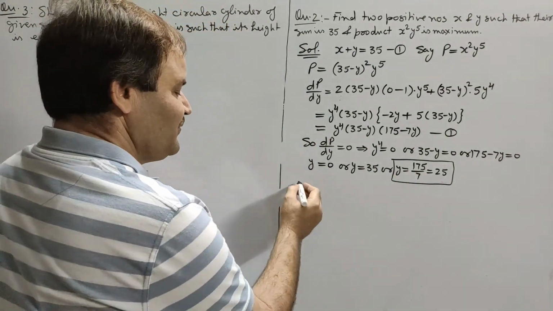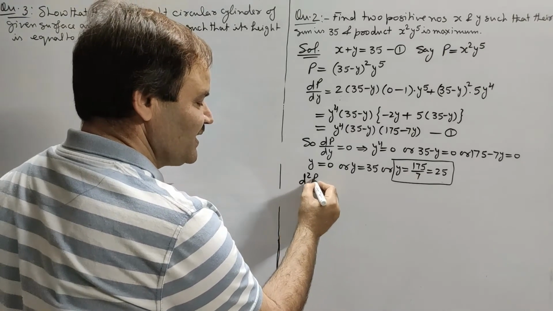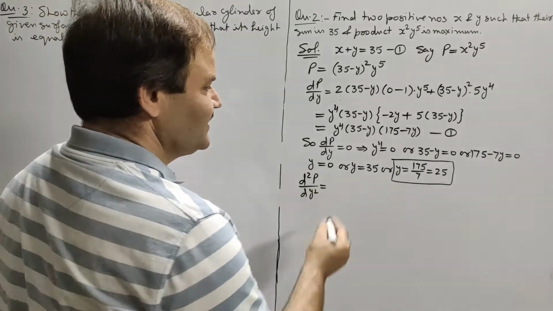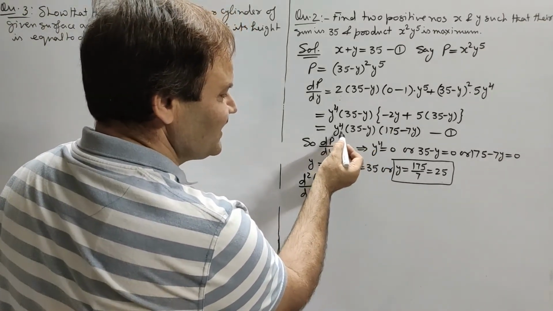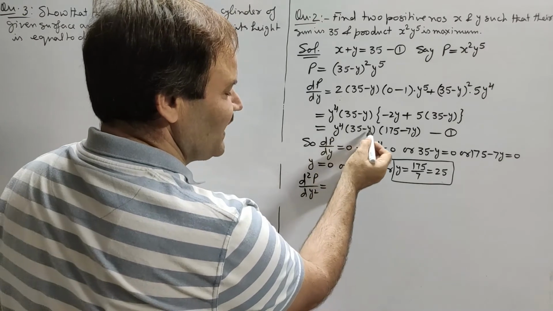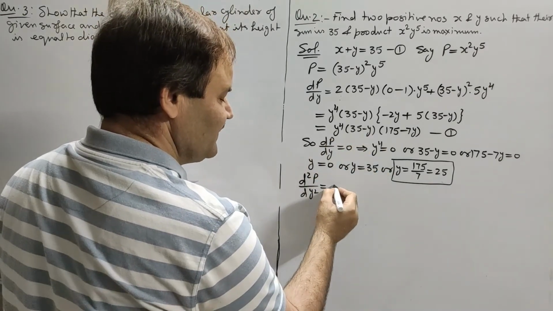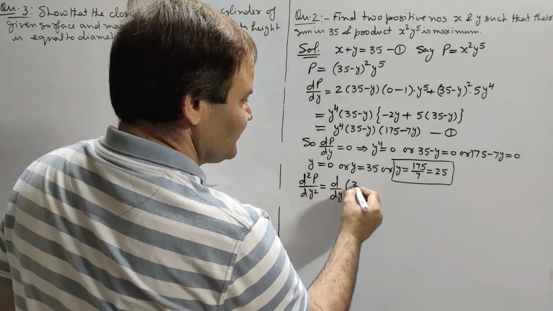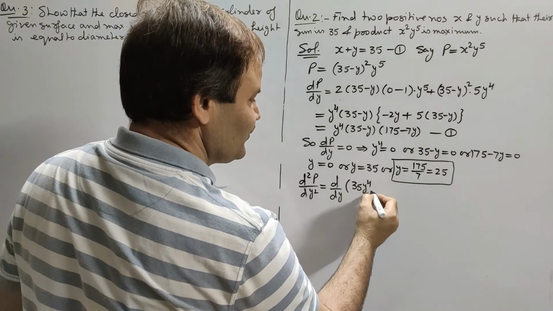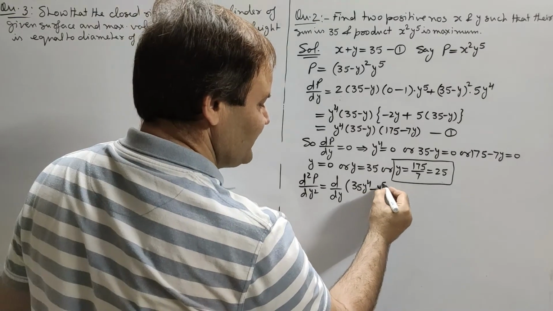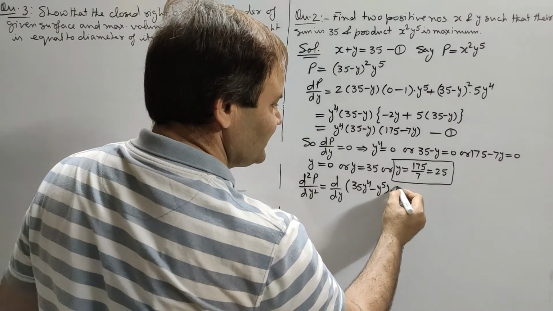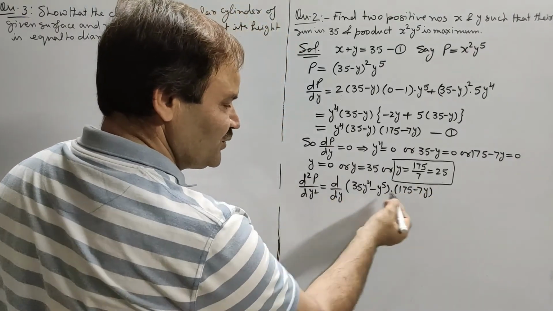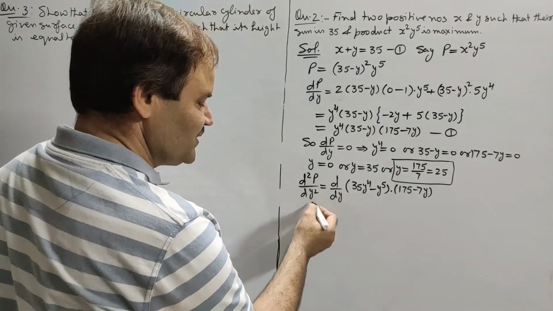So first we will determine d square P upon dy square, and for that I am writing it as (35 y to the power 4 minus y to the power 5). It means it will be d by dy of (35 y to the power 4 minus y to the power 5) multiplied by (175 minus 7y). And to determine this differentiation, we will use the product rule.